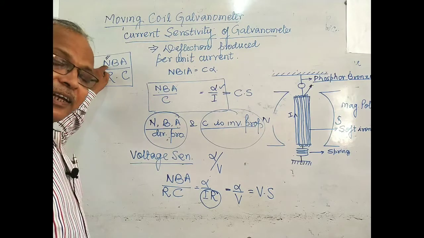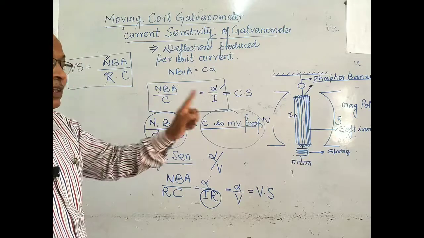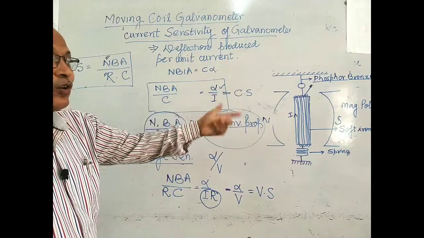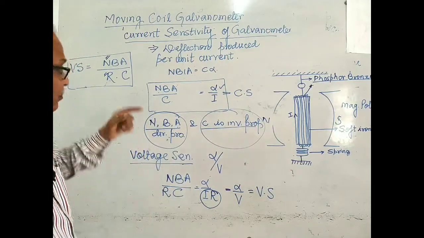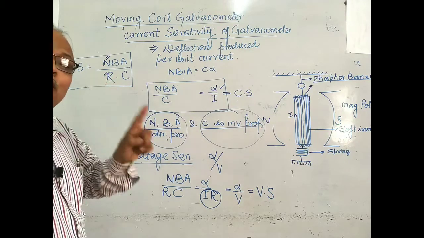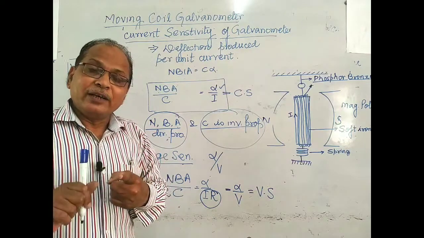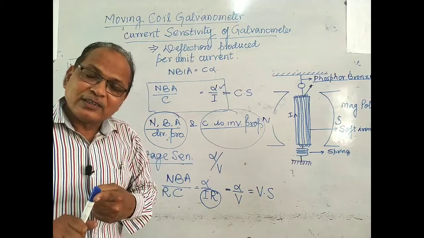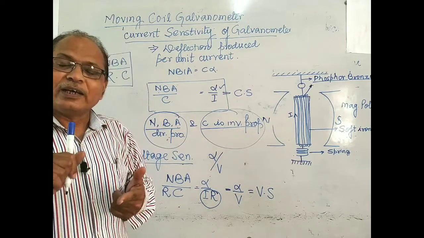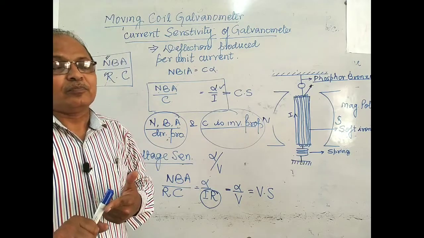If you increase N, meaning the number of turns of the coil wound on the soft iron core, the resistance of the wire will also increase. Remember this condition. As you studied in the current electricity chapter, when the length of the wire increases, resistance also increases.